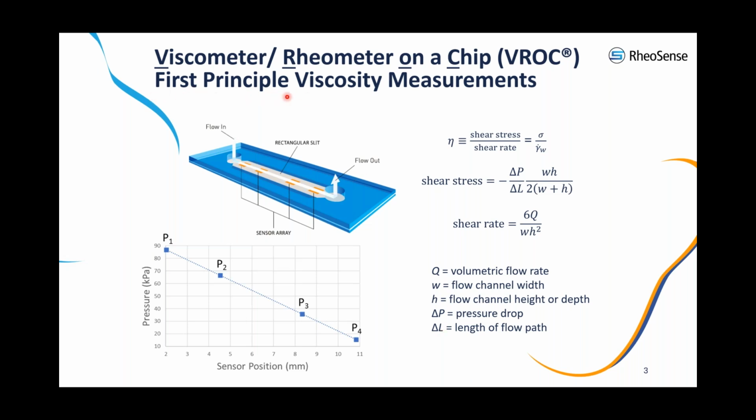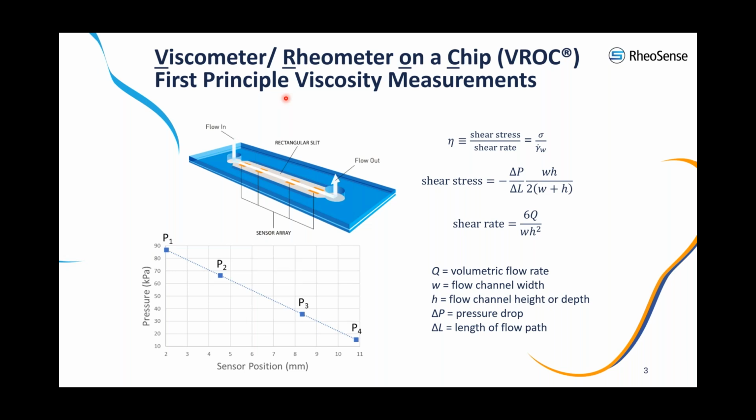First principle measurements remove any impurities of assumptions from your measurements. You are also getting the direct answer or direct solution and not indirect results. Just from utilizing VROC technology, you are already on the right step to get good data.